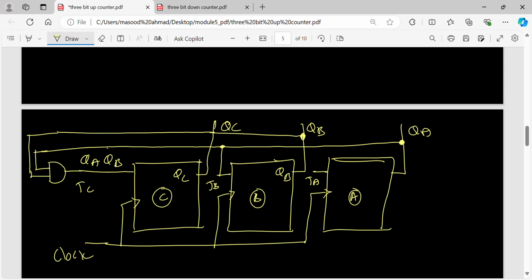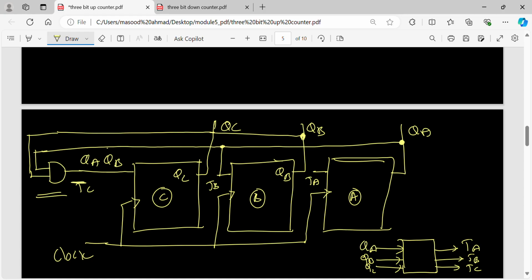Okay. So what we did is we are getting the flip-flop inputs from the outputs QA, QB, QC. If you look at this, what is this circuit? This is a combinational circuit. For this AND gate, the inputs are the states QA, QB, QC, and the outputs are nothing but TA, TB, TC.